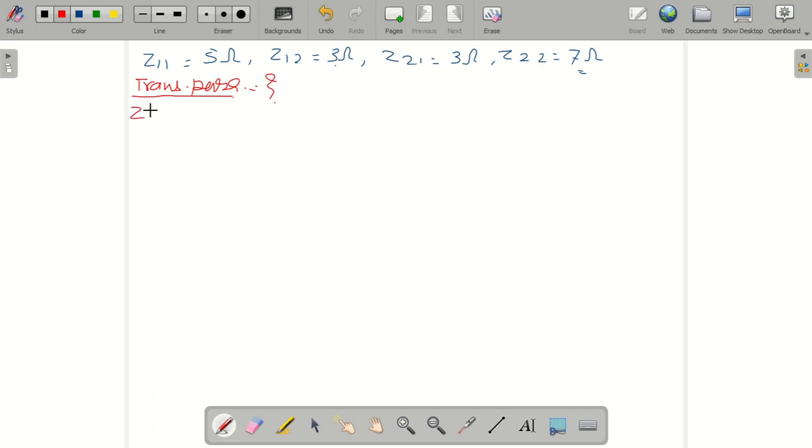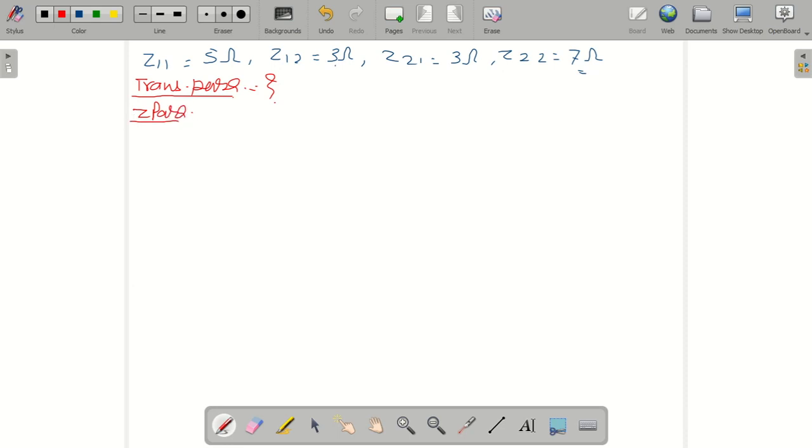What is the Z parameter equation? Okay, sorry. Just wait. I'm rubbing it. First of all, I'm writing the Z parameter equation.